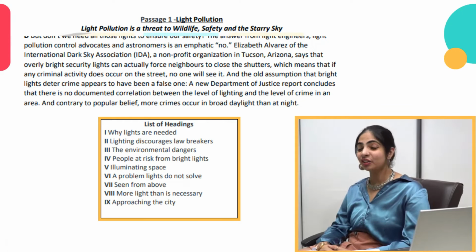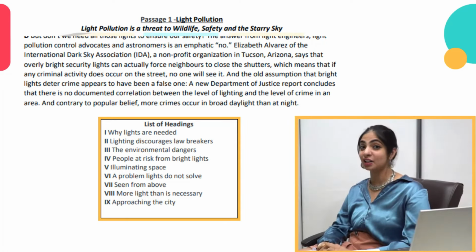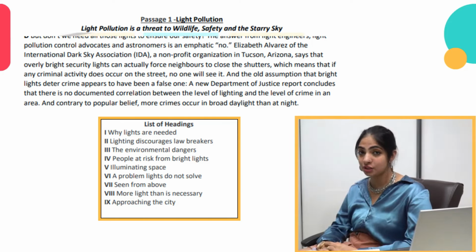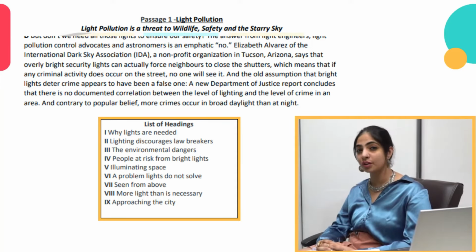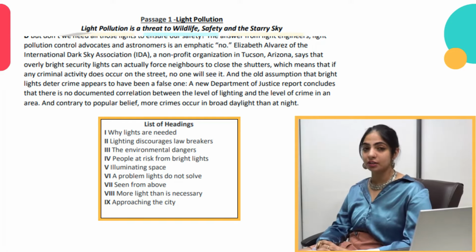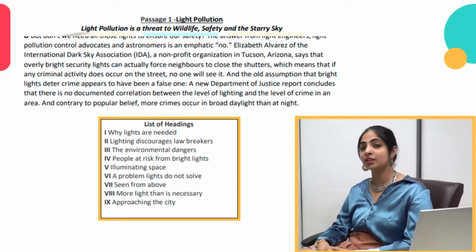And then they talked about the old assumption that lighting can discourage crime, and that is a false one. Means in actuality, lighting is not discouraging crimes, because if there are too many lights on the road or on the streets, people shut or close the shutters and nobody gets to know whether the crime is happening or not.